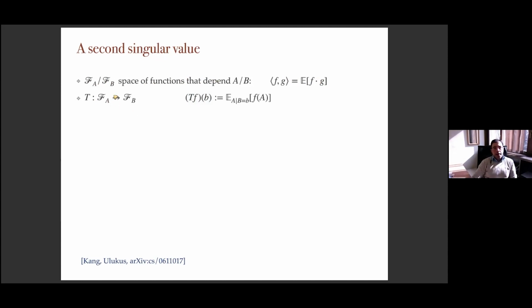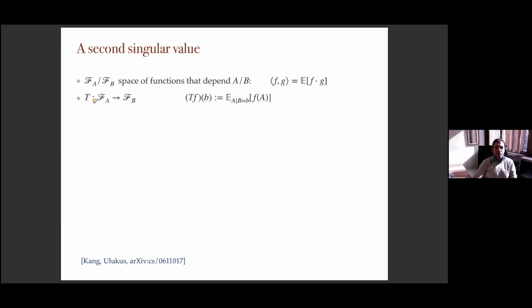And I can think of this conditional expectation as an operator from the space of functions of A to the space of functions of B. If you give me such an F, for a value of B, T of F at point B is the conditional expectation of F, where the conditional expectation is with respect to the induced distribution on A when I fix B, and then I take the average. This is the same operator that I had in the previous slide. I just gave it a name, T.